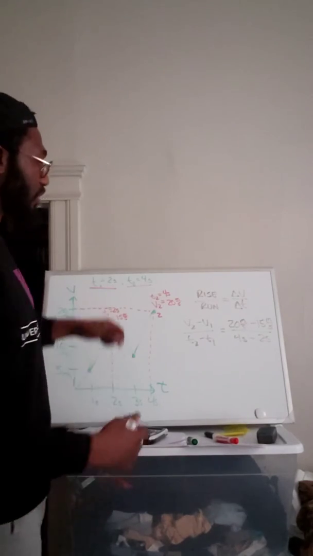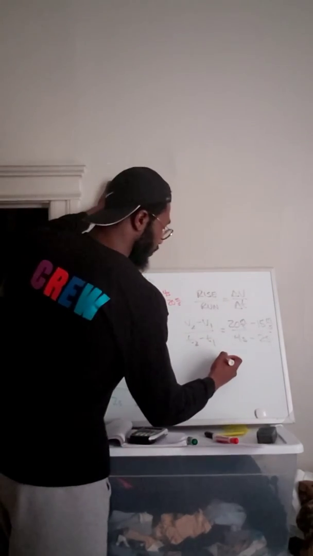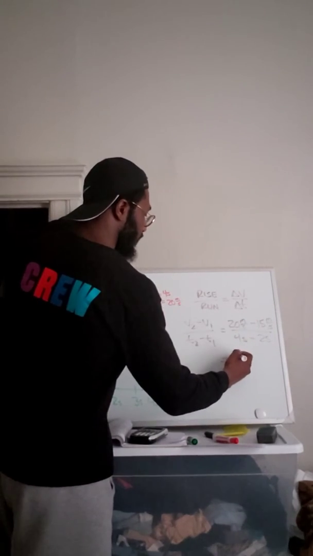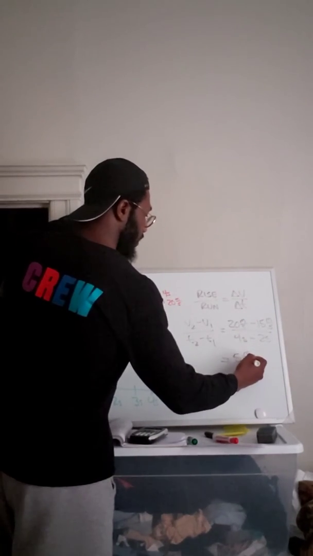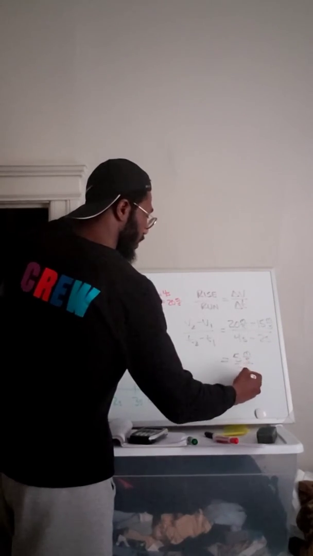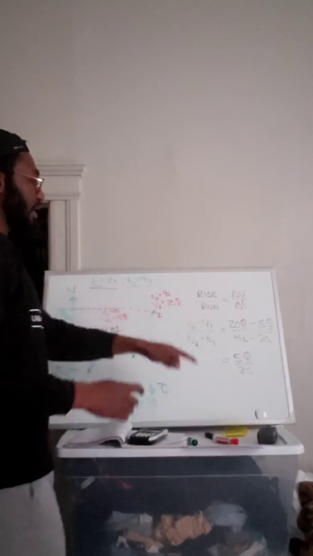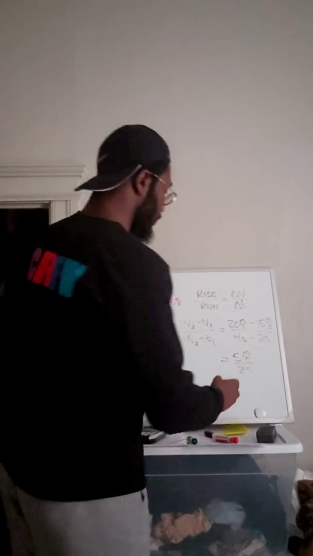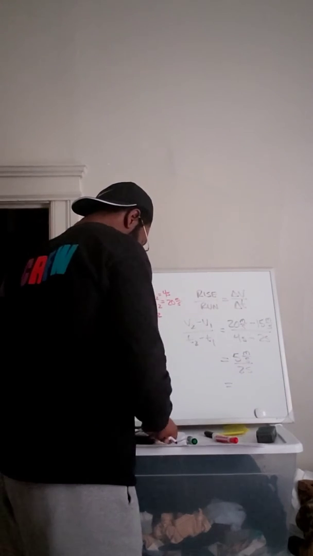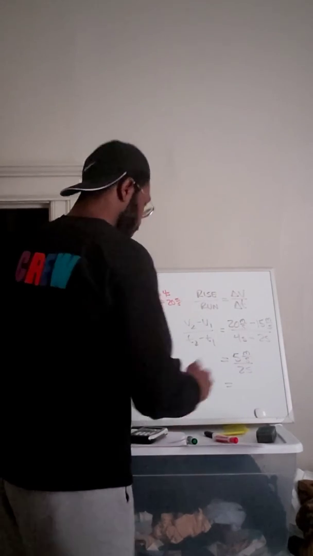So it makes it easier as we do the problem. So now we're going to go ahead and solve this. So 20 minus 15 is 5, so 5 meters per second. And then 4 minus 2 is going to be 2. So we end up with 5 divided by 2. 5 divided by 2 equals 2.5.